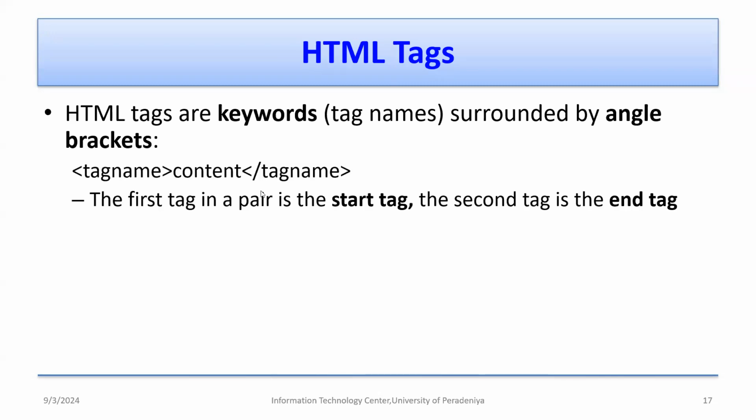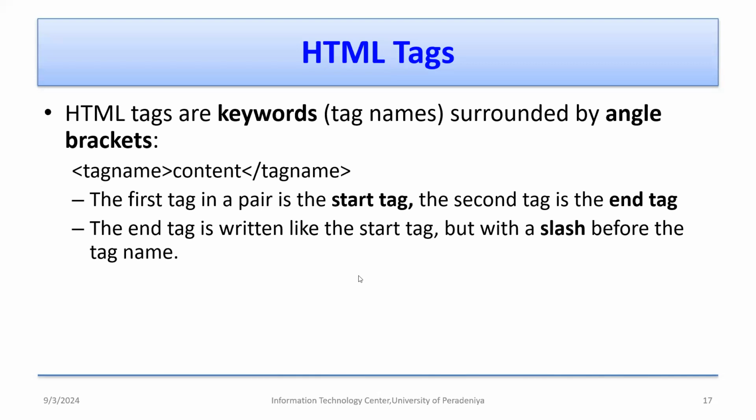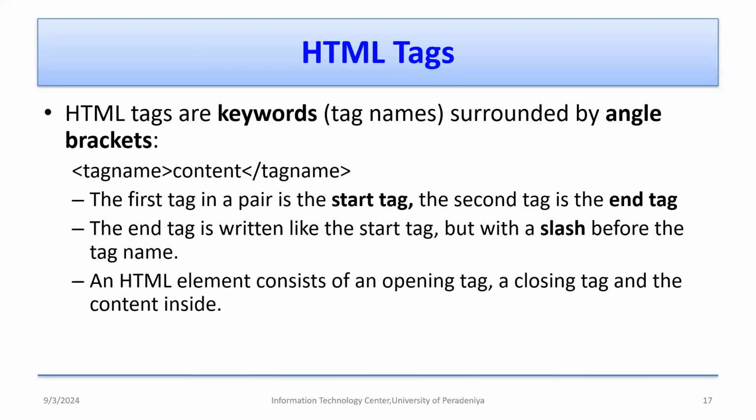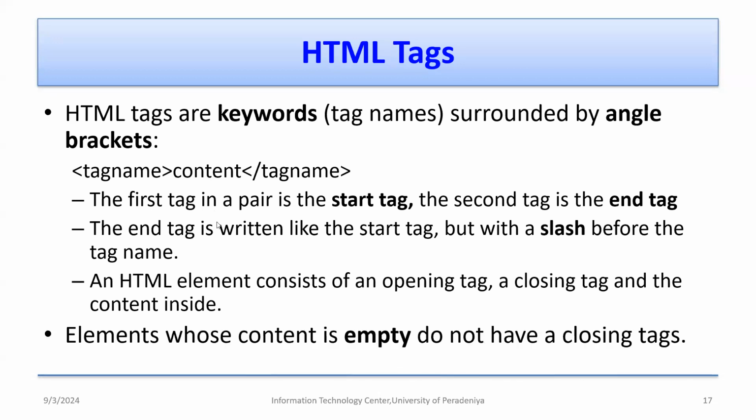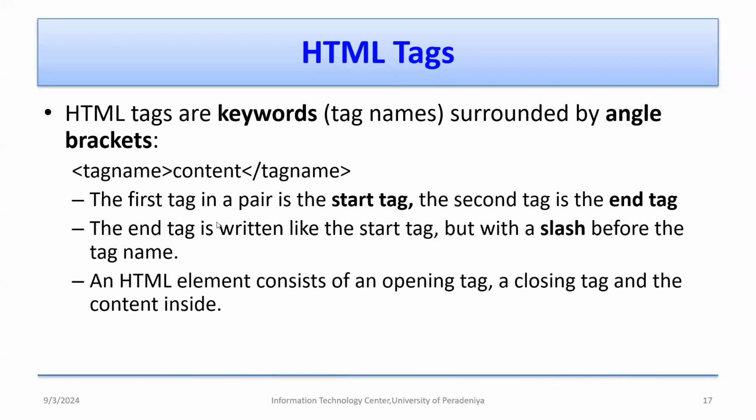So there is a pair of a start tag and an end tag, also called the opening tag and closing tag. The end tag is written like the start tag, but with a slash before the tag name. So HTML elements consist of an opening tag, a closing tag, and in between them we place the content. This is the general format of HTML elements.